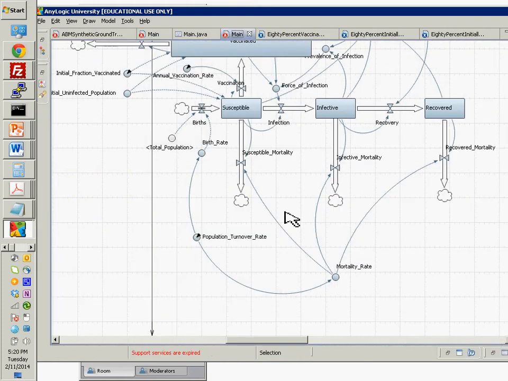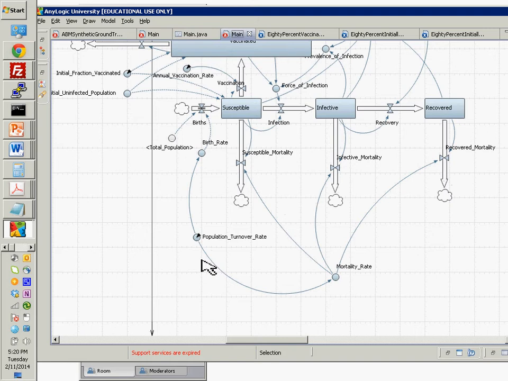You may wonder, why did I do that? Well, this is me as a software engineer. I knew that we might want to change the mortality rate to be different from the birth rate. I didn't want these to depend directly on a thing called population.